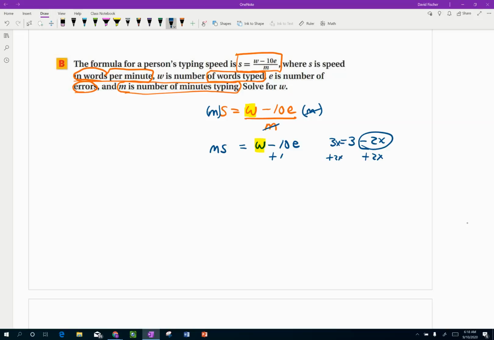We would add 10 e's. I have 10 of these things called e's, so I'm going to put plus 10E over here. These guys will cancel out so that I just have my W that I needed. I can't put e's with these MS's, so I'm just going to write MS plus 10E. And I'm going to write it in standard form, my variable first.